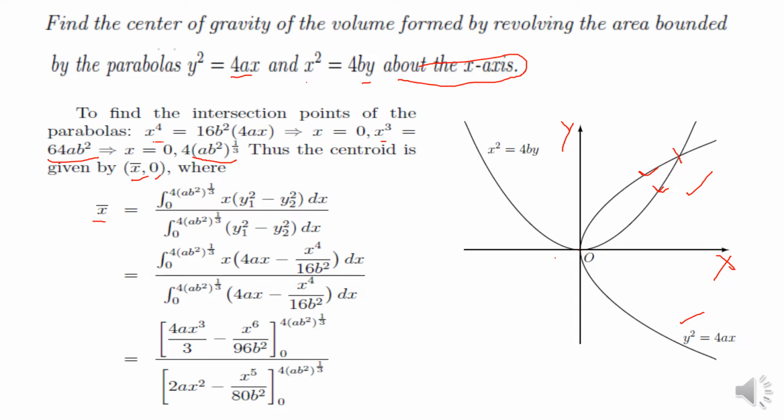Now x bar we have to calculate, and this is the integral from 0 to (64ab squared) to the power 1 by 3 of x into f(x) minus g(x), where this curve is f(x) and this curve is g(x).